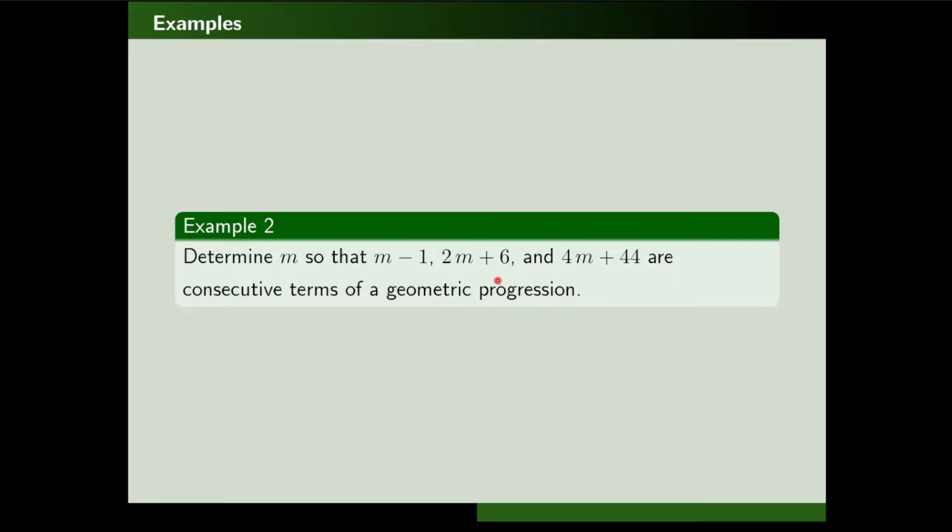We don't know which terms they are, but we know one is coming after the other. Consecutive means one coming after the other. So we want to fine-tune this m so that this becomes 3 consecutive terms of a geometric progression. And whenever you have your answers, you can let me know, please.